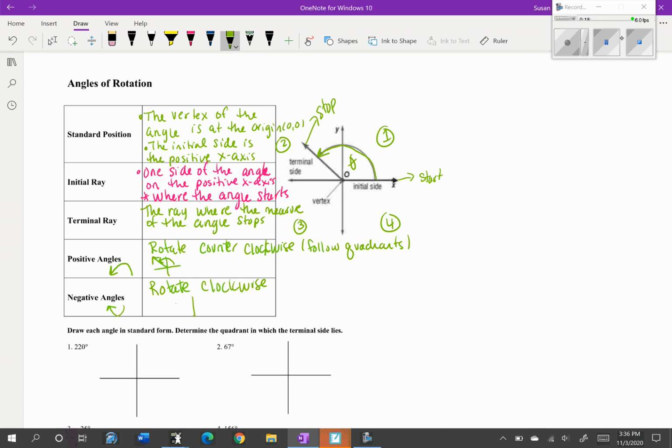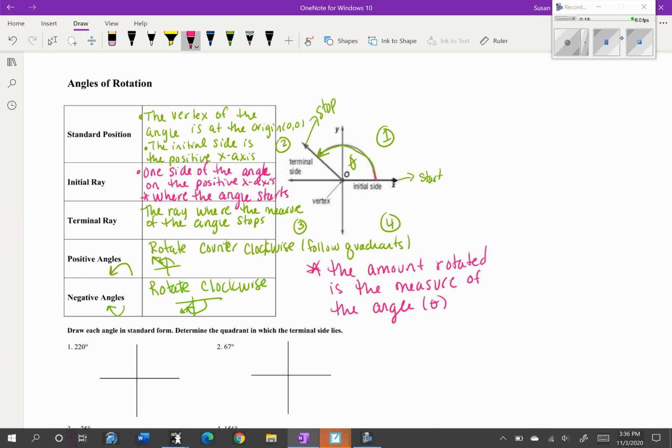And so if I was doing a negative angle measurement, I would start at the x-axis and go the other direction, this way. So the amount rotated is the measure of the angle, which we said above was theta.